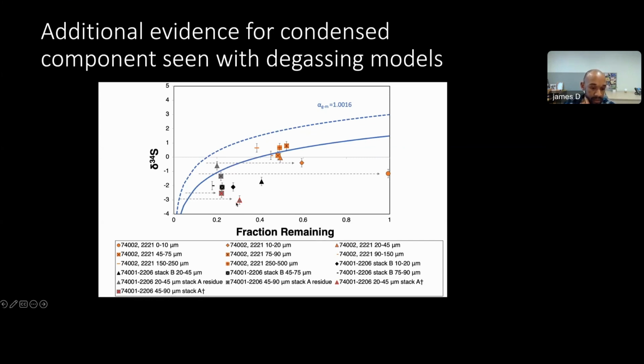And if that couldn't be adsorbed onto the surface, which will increase the apparent amount of sulfur and therefore give you a higher fraction remaining value of 0.2. So it's actually a mixing of a really light value with a more unaltered sample. So like a kind of a straight line between something in the lower left corner and in the upper right.